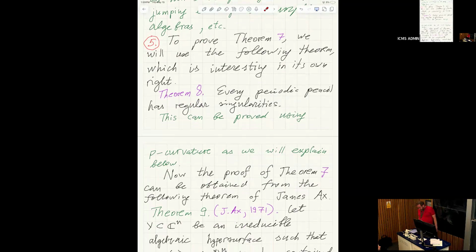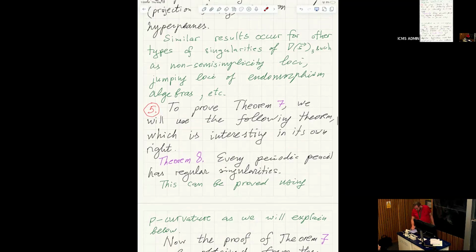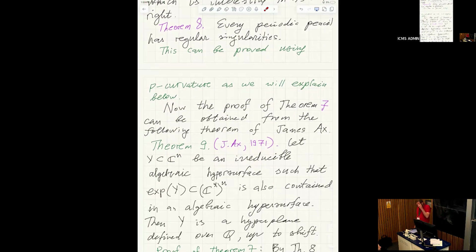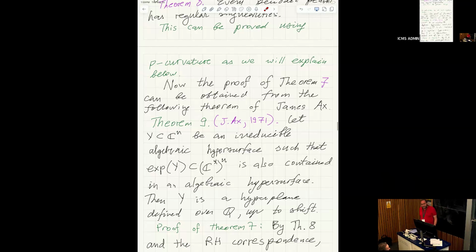Now the proof of theorem 7 about singularities occurring on hyperplanes can be obtained from a nice elementary theorem, which everybody can understand. But it's a special case of a theorem of Ax, which was one of the early results in applied model theory. It's a theorem that the exponential function is very transcendental.